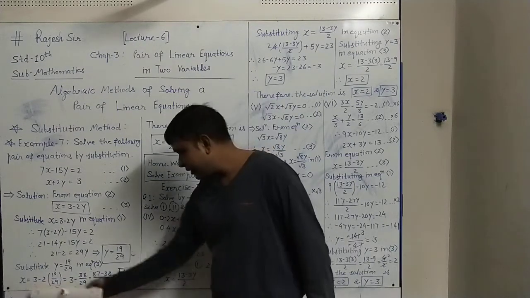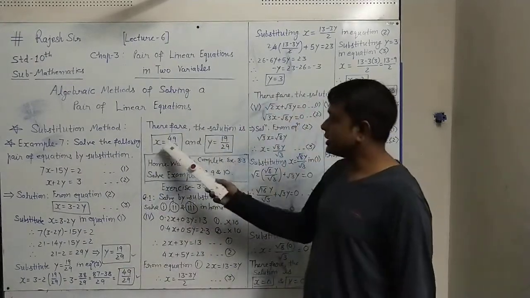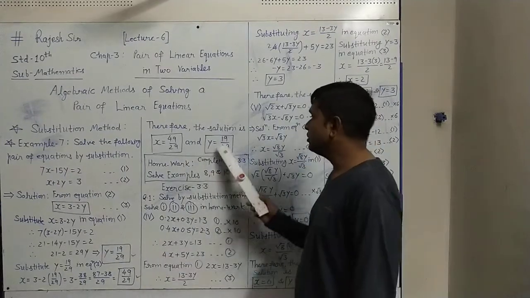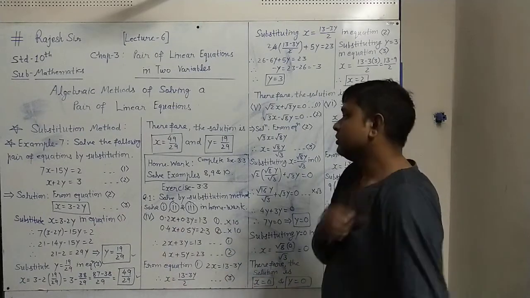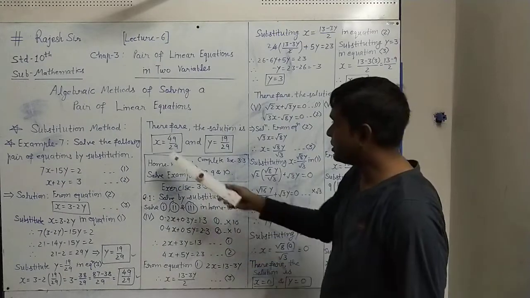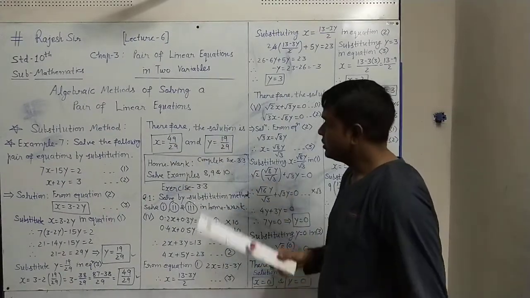So this is the value of x, and this is the value of y. Therefore, the solution is x equals 49 upon 29 and y equals 19 upon 29. So this way, by the substitution method, we got the solution of this pair of linear equations as x equals 49 upon 29 and y equals 19 upon 29.